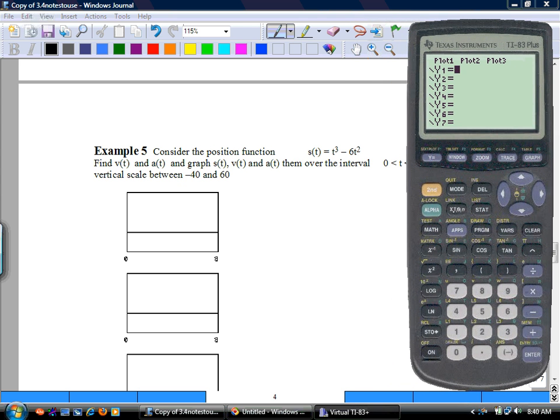T cubed minus 6x squared. Window: 0, enter, 8, enter, negative 40.